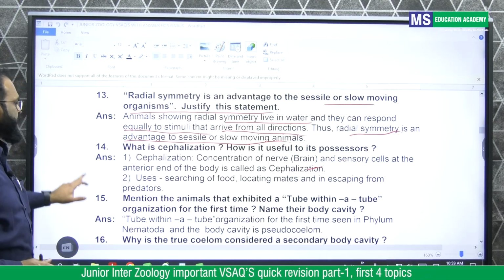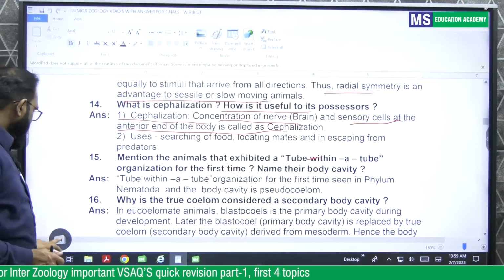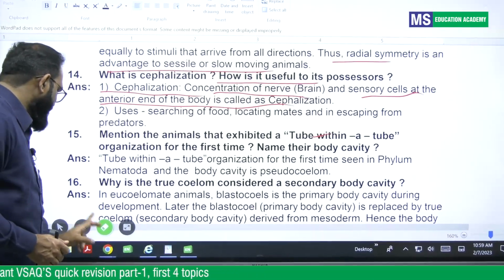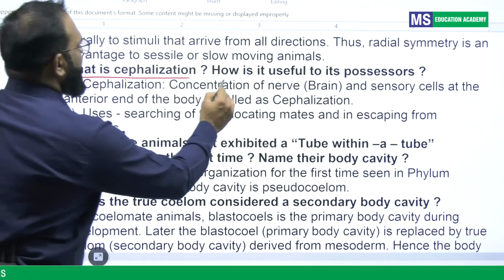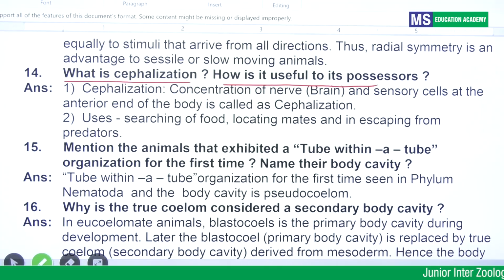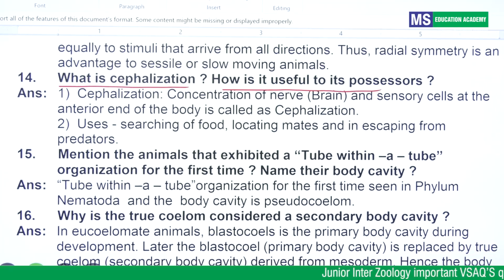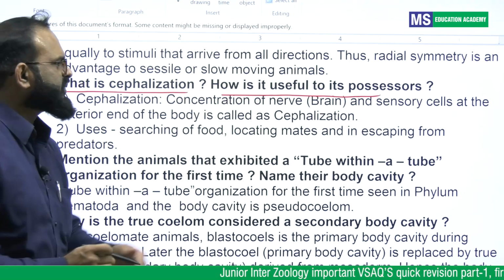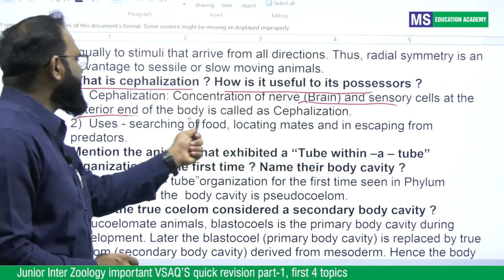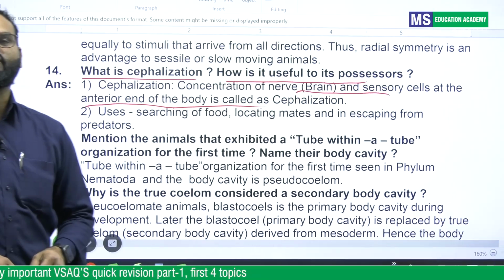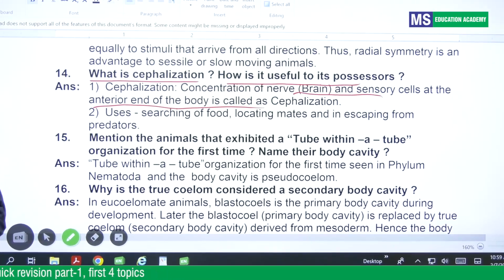Thank you. Next, another important question. What is cephalization? How is it useful to its possessors? Concentration of brain and sense organs at the anterior end of the body is called cephalization.